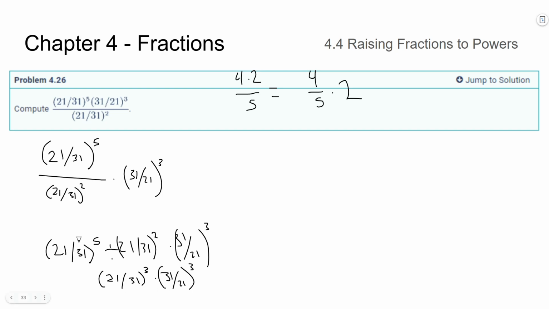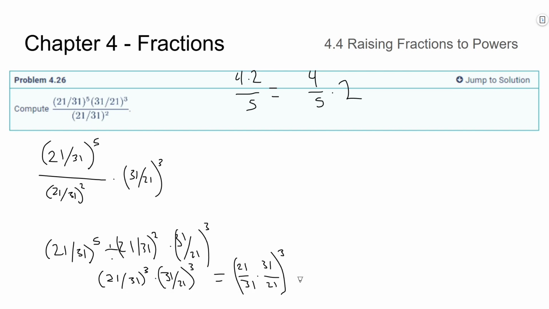Okay, well, there's a few different ways that we could do this now. So we could extract out this exponent. We've done that before. So this would be the same thing as saying (21 over 31 times 31 over 21) cubed.